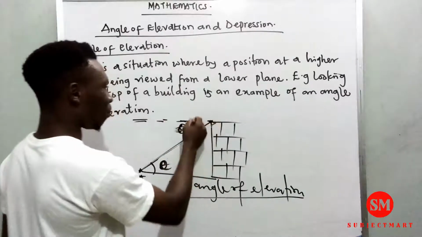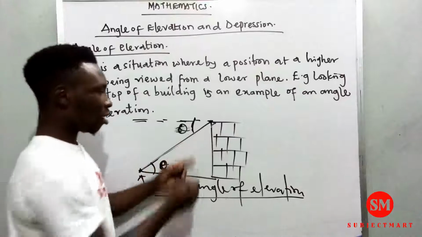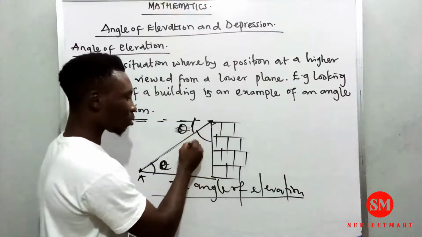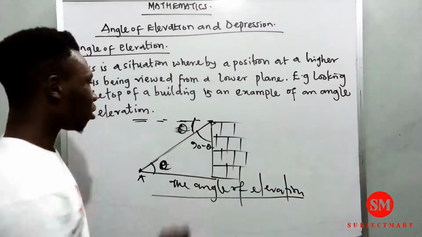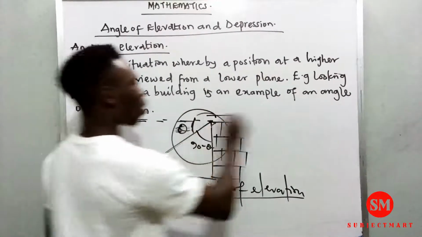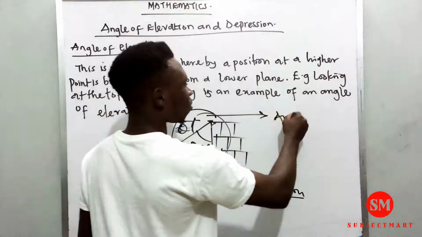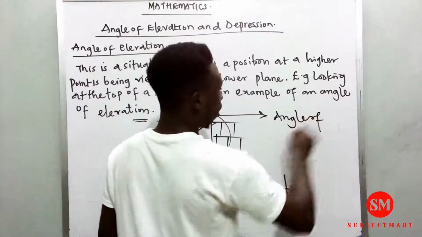Now if you are looking for the top, it's not going to be inside, so the internal angle here now becomes 90 minus theta.